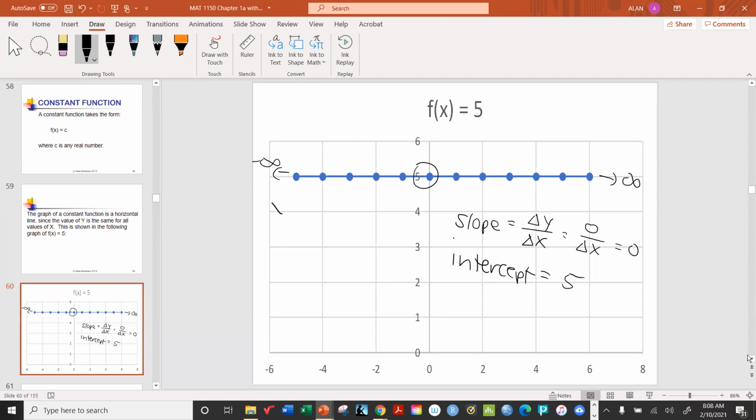So this is a special case of the straight line y equals mx plus b, where the slope is 0, so you just end up with y equals b, which in this case means y equals 5. I guess you could think of it as a special case of the straight line function, but without a slope.